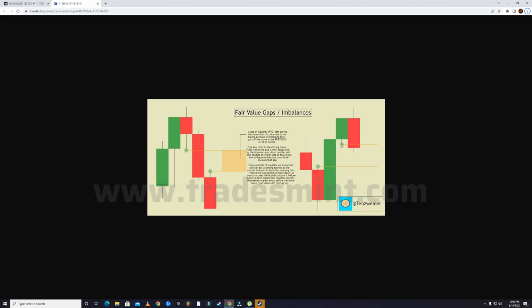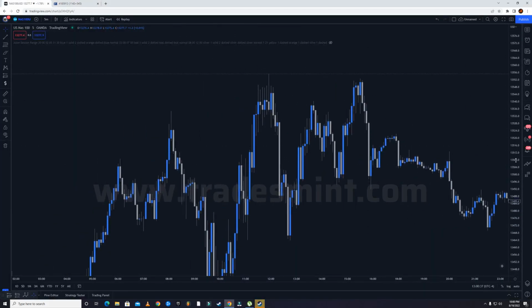We have to look for these two things. If there's any space between the first candle and the third candle, then that space should be considered a fair value gap.